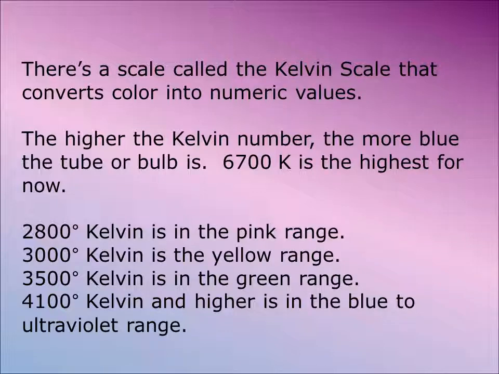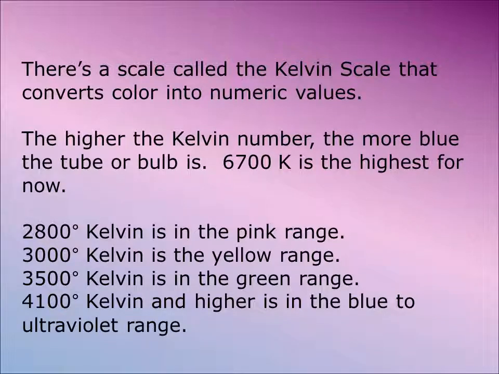3000 Kelvin is the orangey yellow range, and this is also our friend. 3500 Kelvin is the green range, and 4100 and above is in the blue to ultraviolet range.